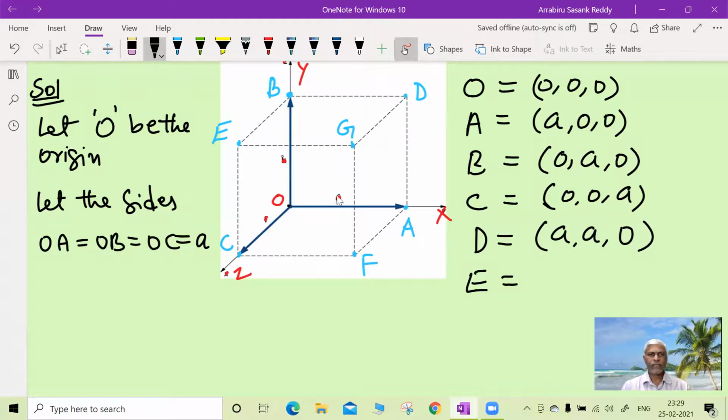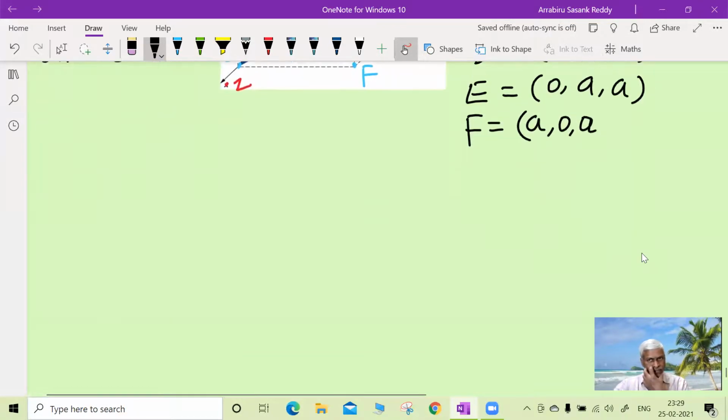E on the yz plane, y, z. And F on the xz plane, y is 0, x, z values.